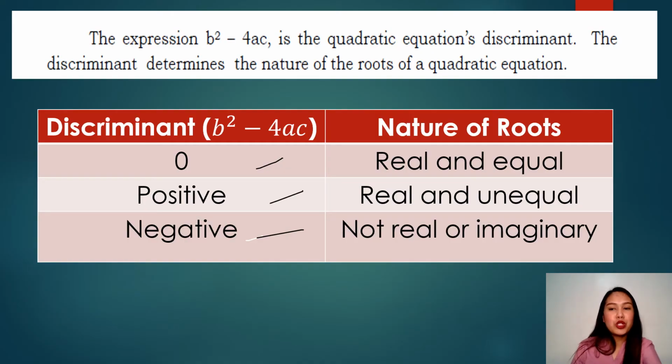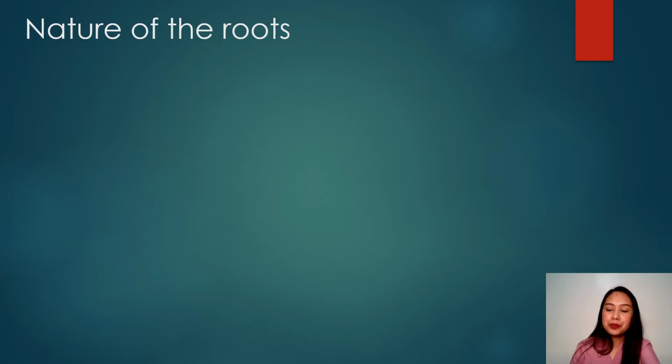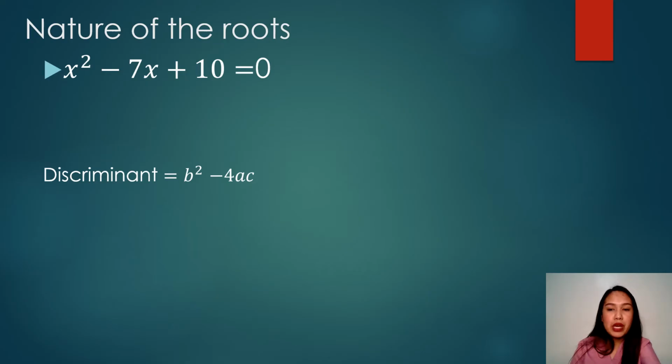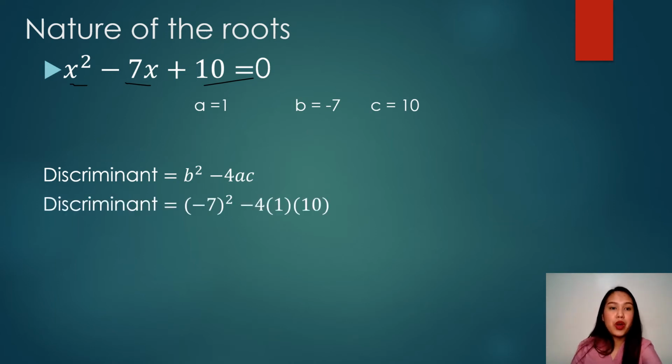Okay, now so much for that. Let's try it with an example. Suppose we have x squared minus 7x plus 10 equal to 0. So for the discriminant, again, the formula is b squared minus 4ac. A value is 1, b is negative 7, and c is equal to 10. You get that from here, just like what we have discussed before. Substituting the values to your formula, we'll have negative 7 squared minus 4 times 1 times 10.